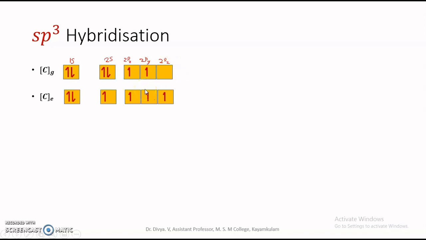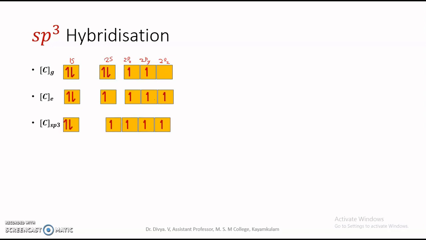That would suggest that carbon can form 2 different types of bonds, that is, the bond length does not remain the same. But the experimental evidence shows that carbon forms equivalent bonds. So for that, Linus Pauling introduced the concept of hybridization.